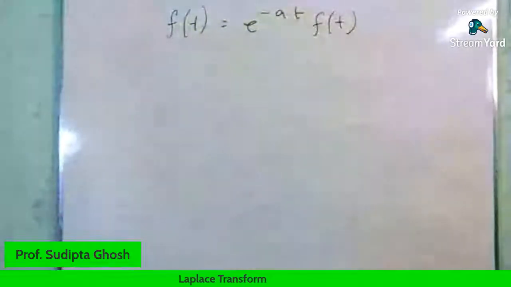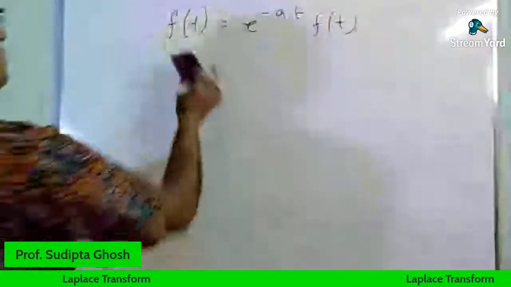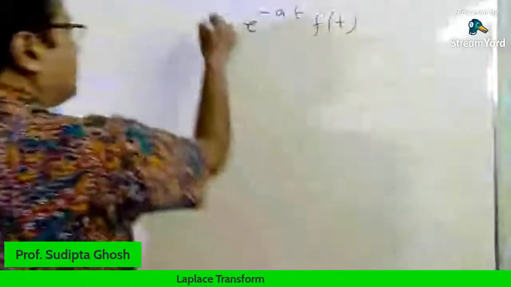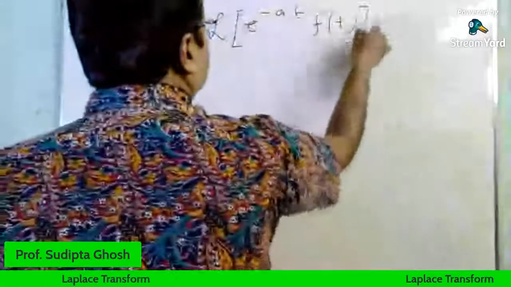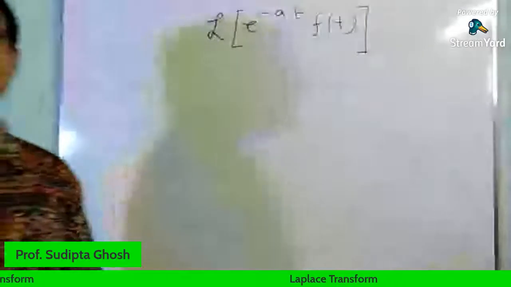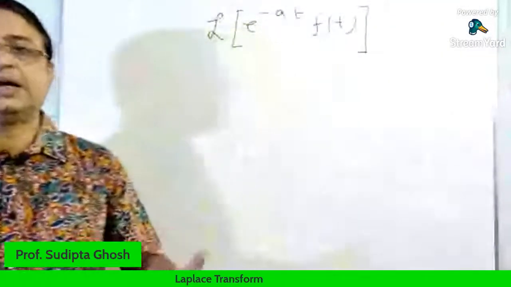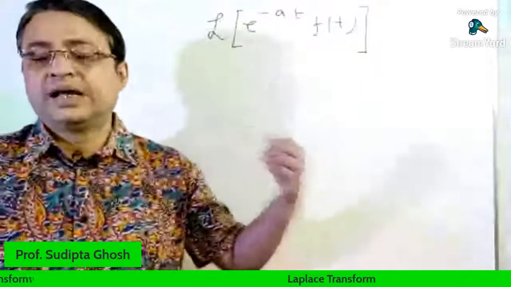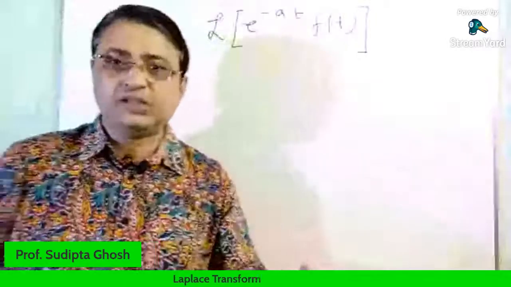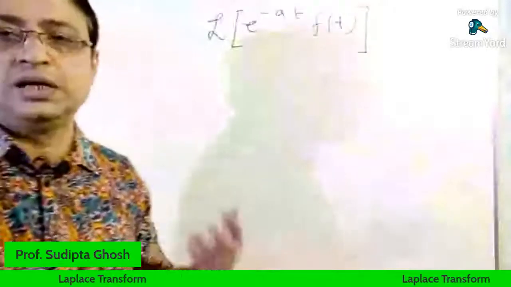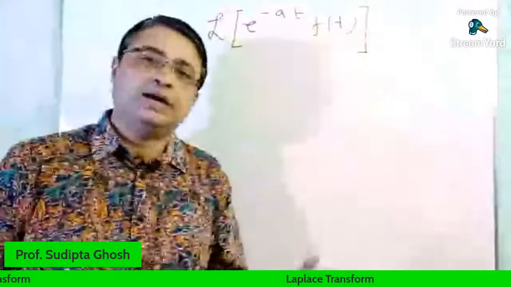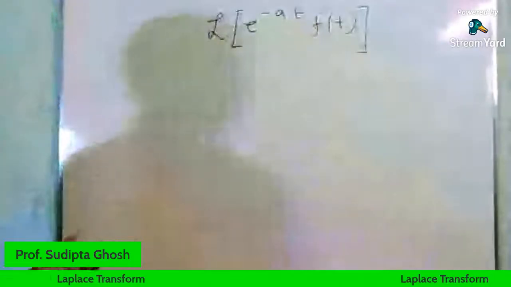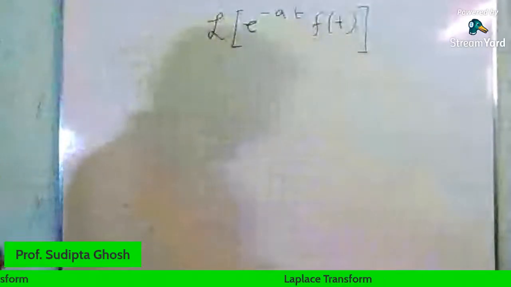Here I am going to find the Laplace transformation of e to the power minus at f of t. Again, it is a generalized derivation. Here we can take f of t as anything we wish. It may be a trigonometric function, a hyperbolic function, a simple value, anything. But this is known as the exponentially damped function.